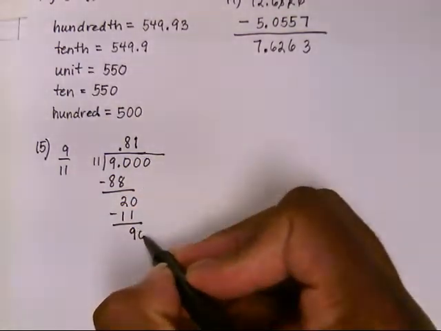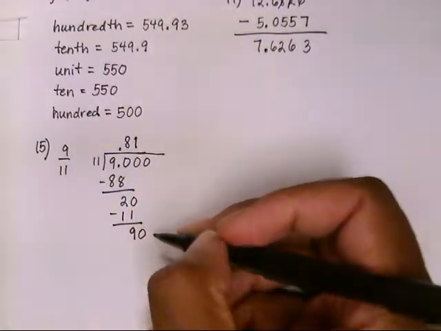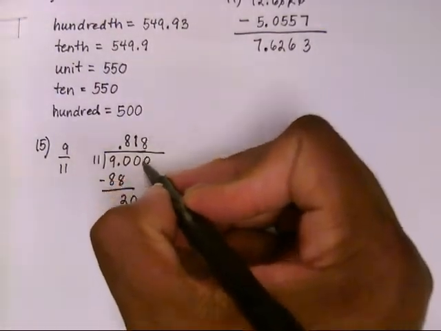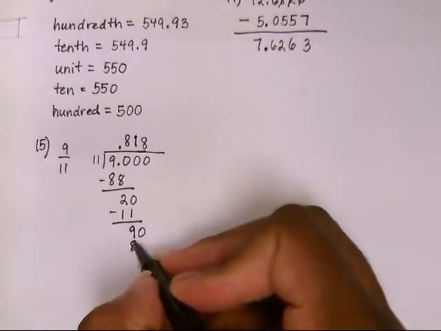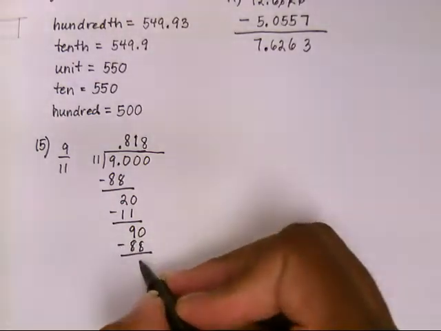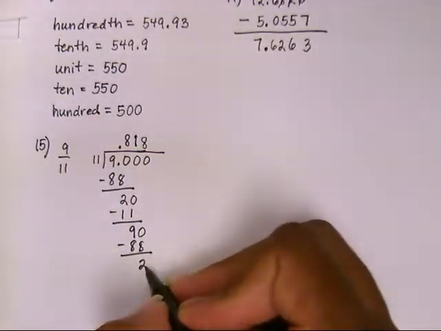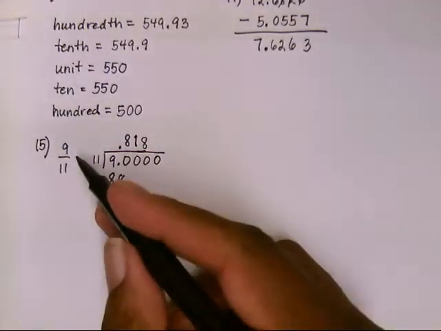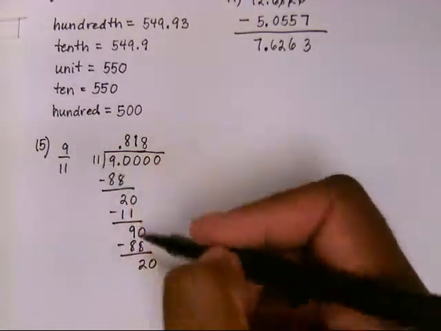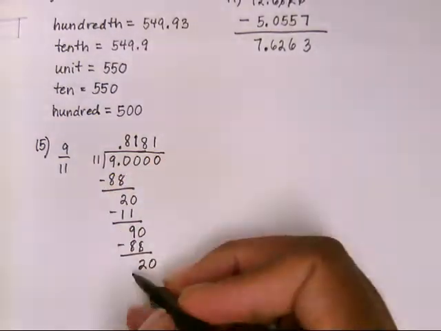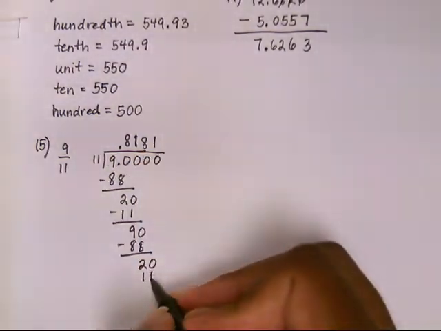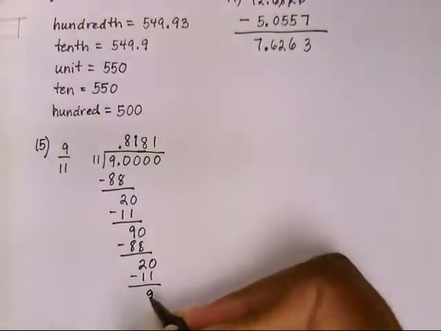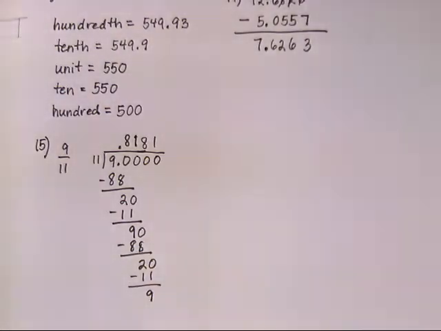Then I'm going to add another 0 and bring that down as well. 11 will go into 90 8 times. 8 times 11 will be 88. 88 from 90 will give us 2. If I add another 0 and bring that down, 11 goes into 20 one time. 1 times 11 will be 11. 11 from 20, you'll get 9.